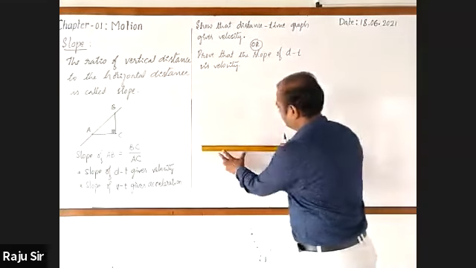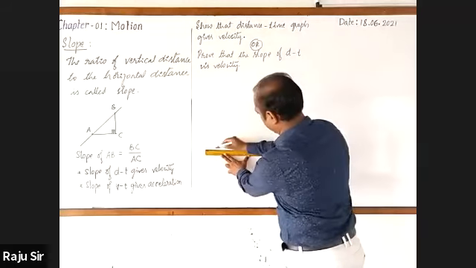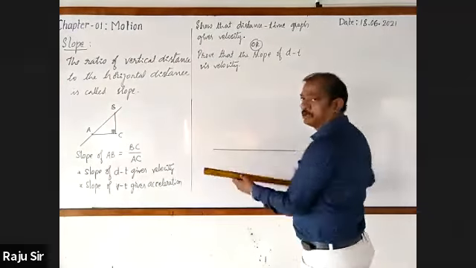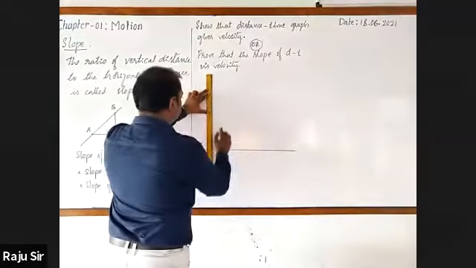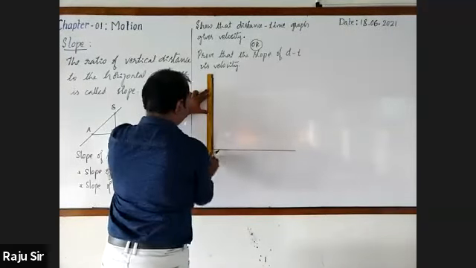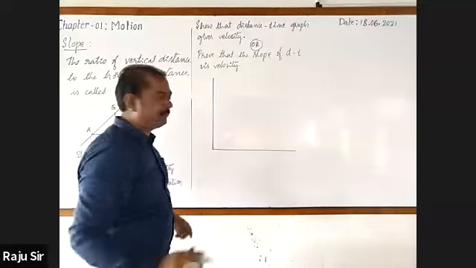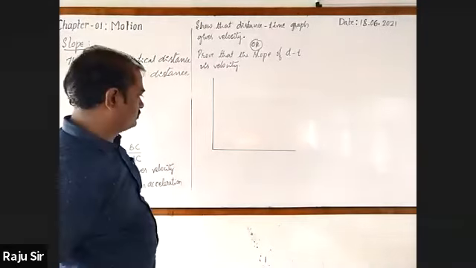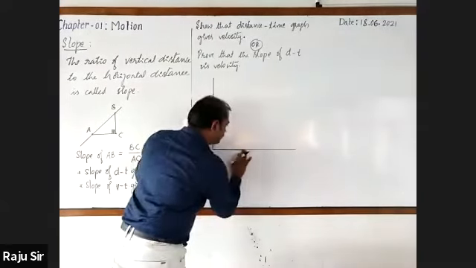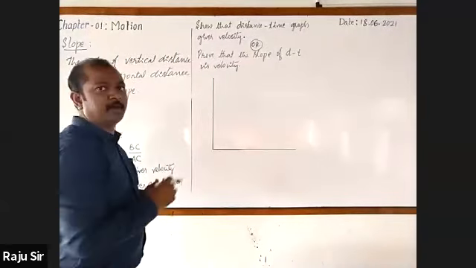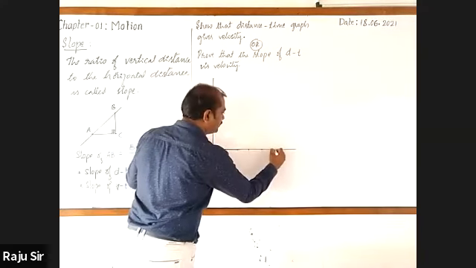Here, I draw the horizontal line, and this is the vertical line. Only for the sake of understanding, I am marking the unit distances. Here, 1, 2, 3, 4, 5, 6.